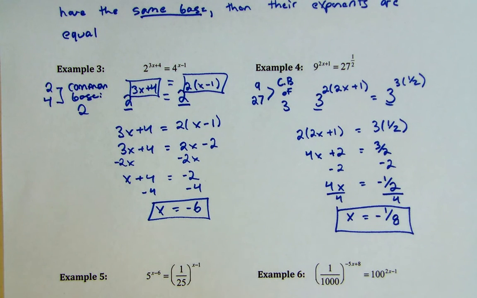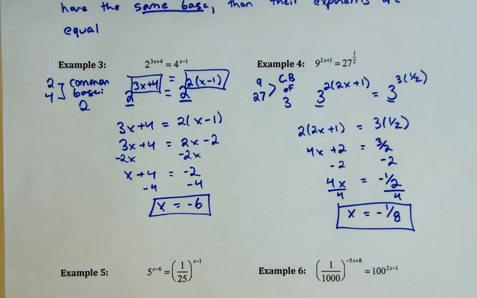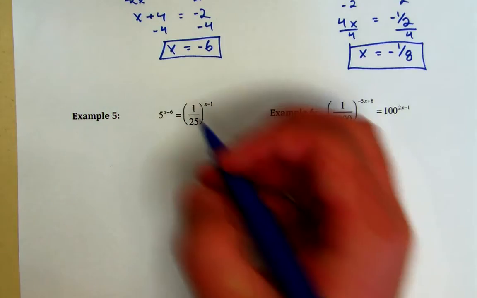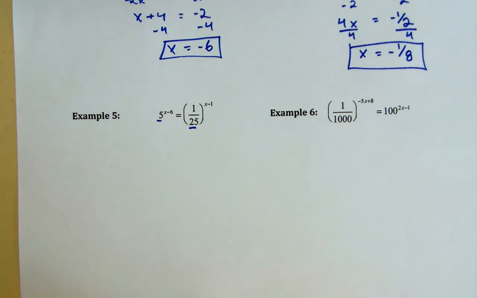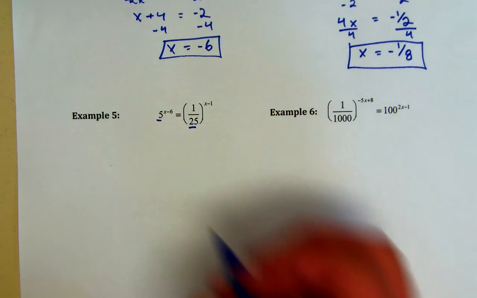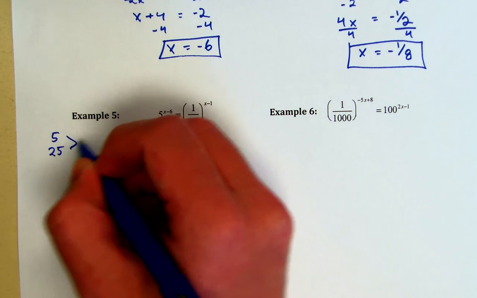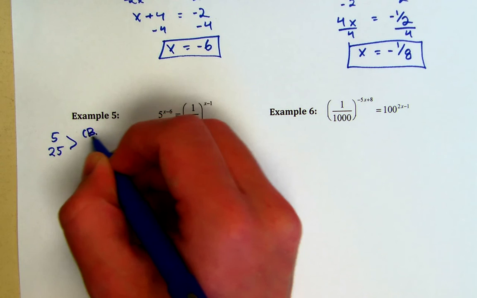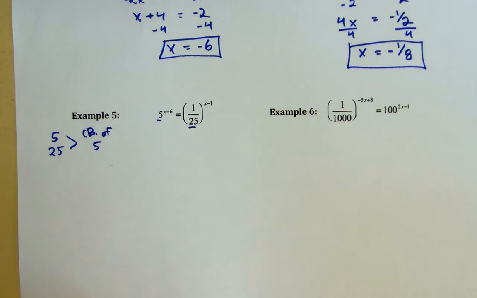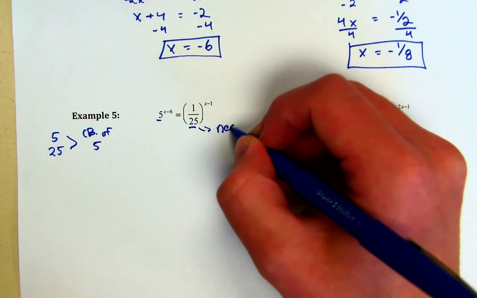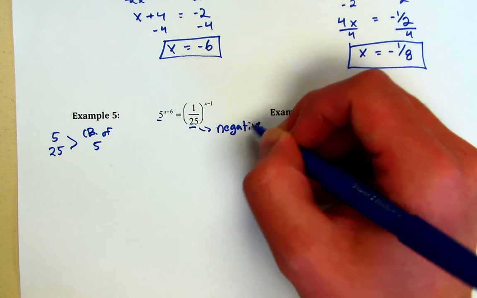But what happens as soon as I have a fraction raised to an exponent? I can still find a like base. If I look at 5 and 25, they have a like base or common base of 5. But since this is a fraction, I need to start thinking about negative exponents.